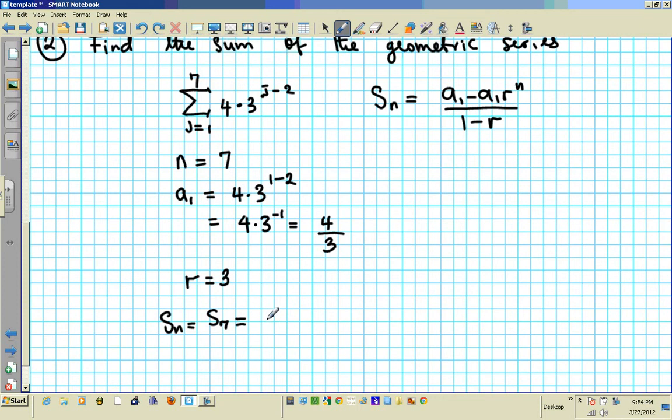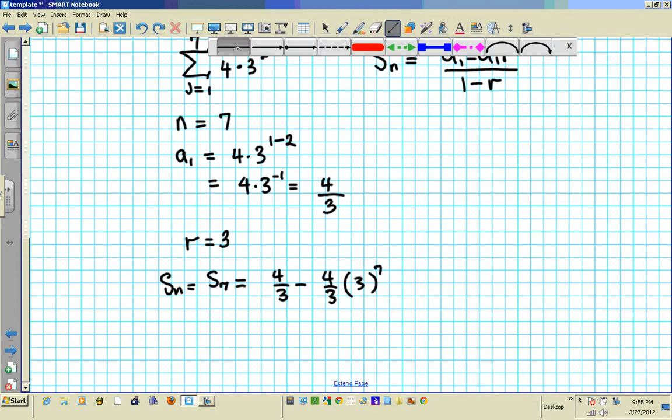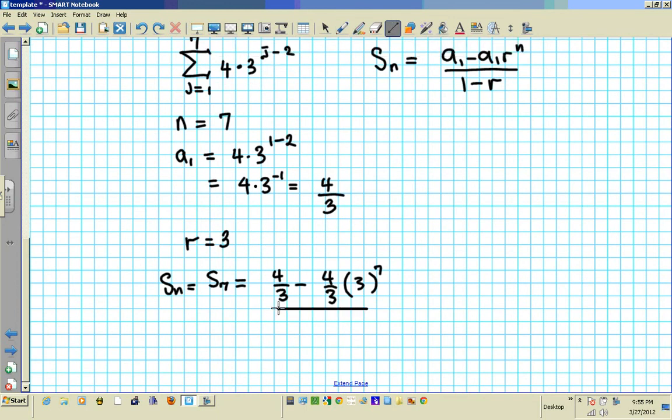So that's going to give us a1, which is 4 over 3, minus a1 over 3 times r to the n, 3 to the 7th, and then that whole business divided by 1 minus r, 1 minus 3.